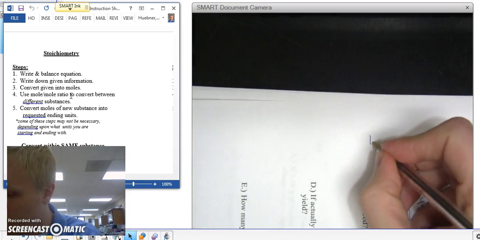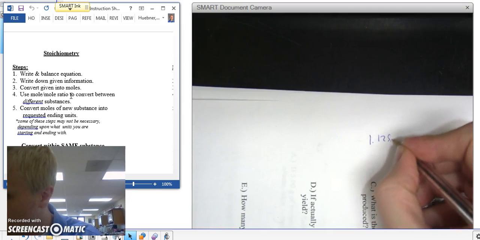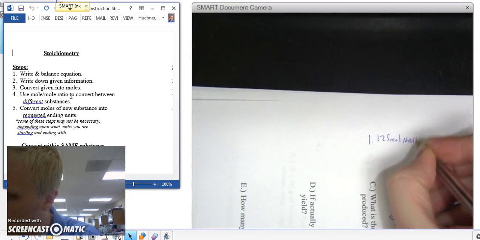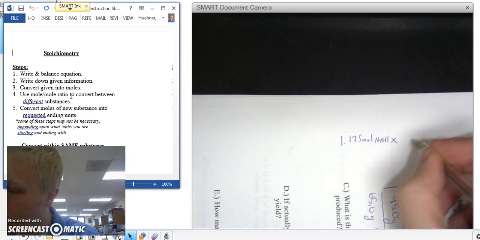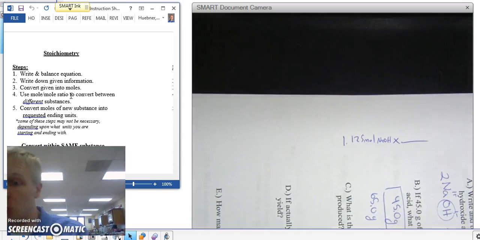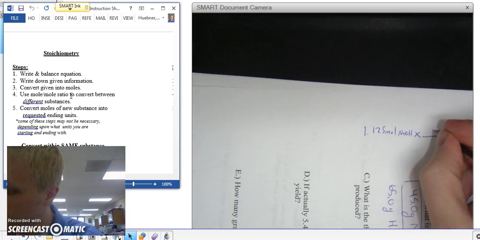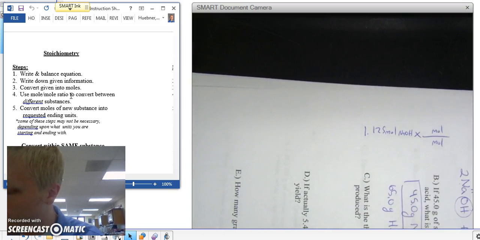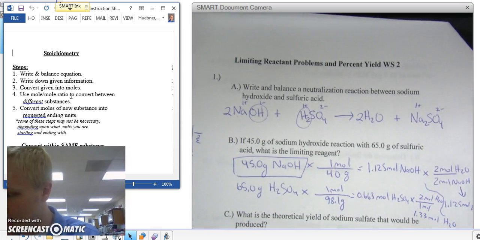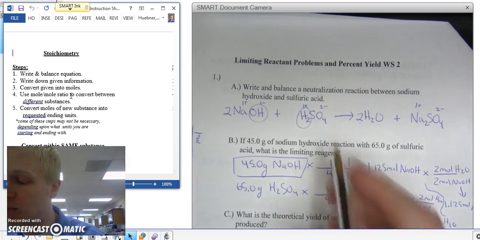Alright, so I've got 1.125 moles of NaOH, and I'm going to multiply this by reactant 2 and divide by reactant 1. So the mole ratio comes from my balanced equation.